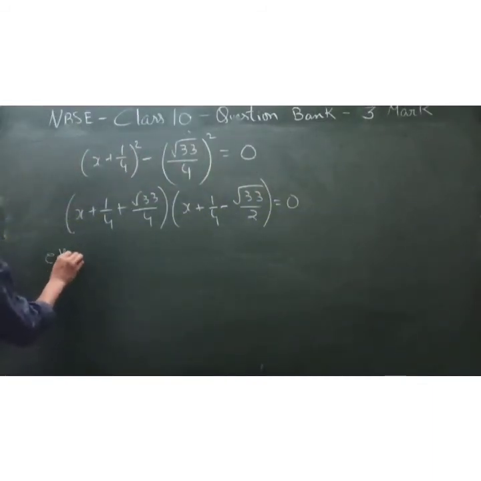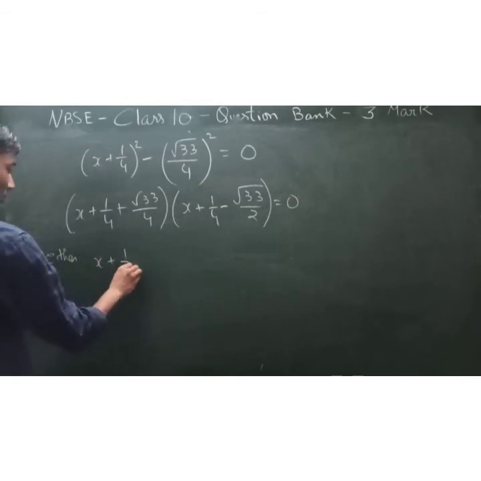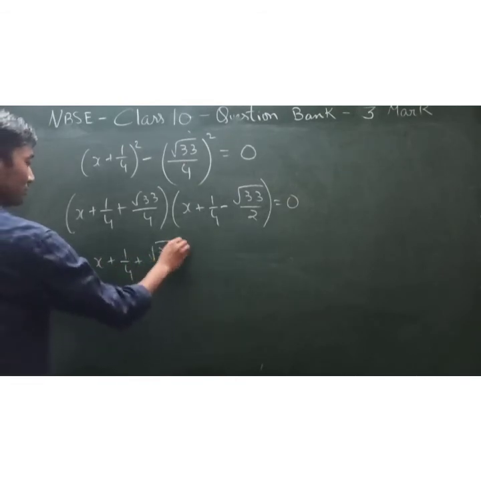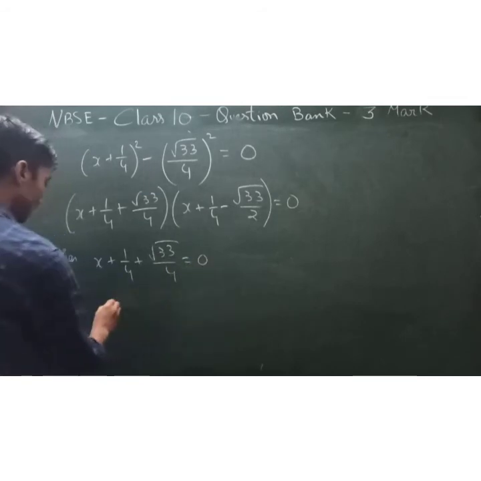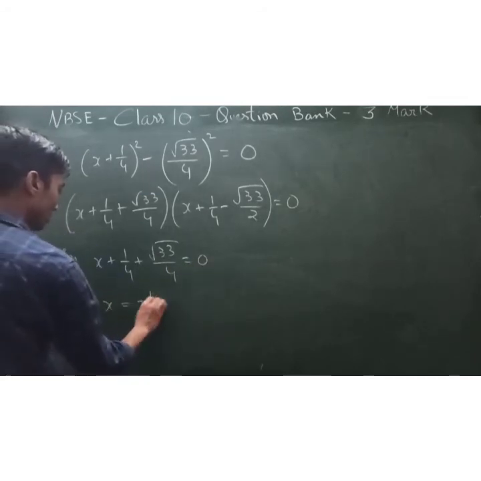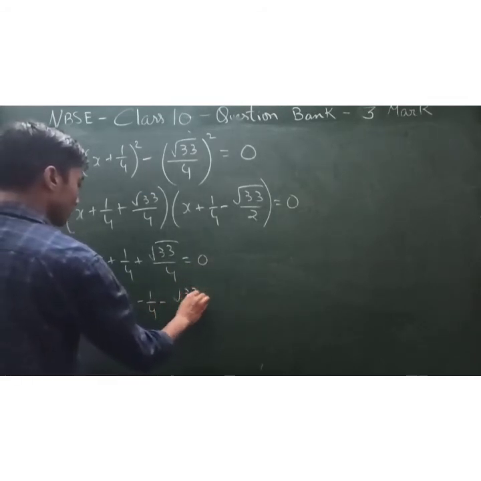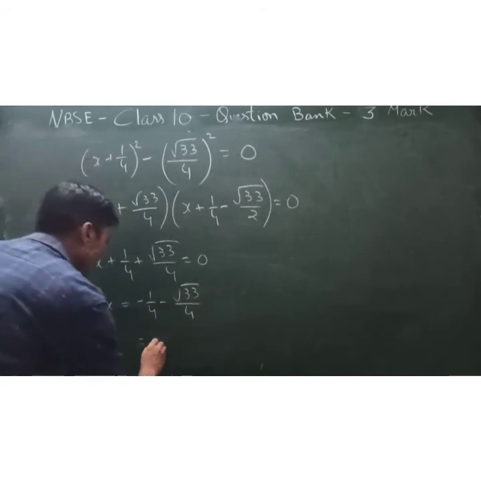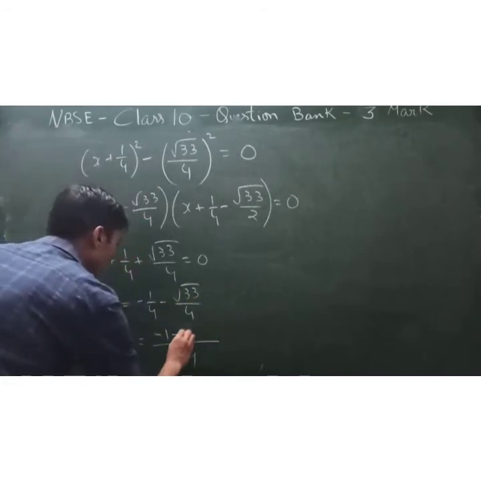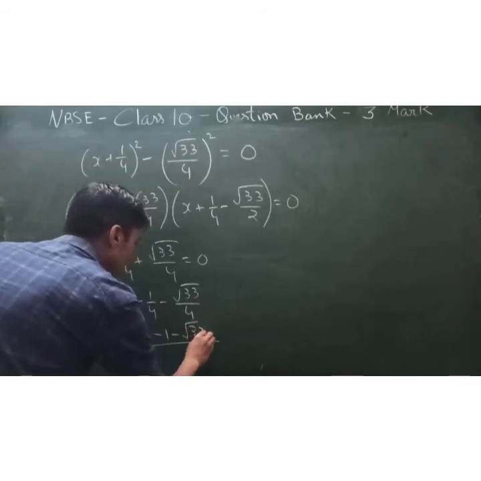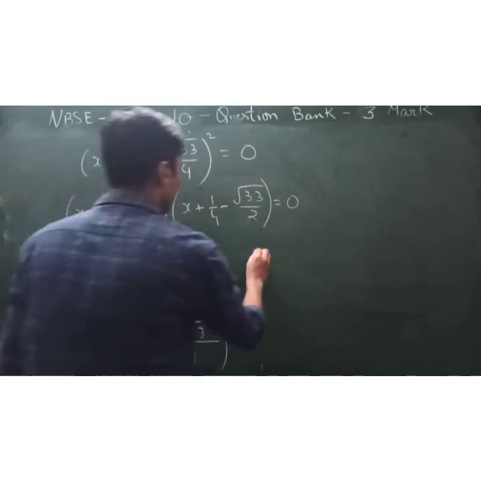So either x plus 1 by 4 plus root 33 by 4 is equal to 0. So that's x equal to minus 1 by 4 minus root 33 by 4. So taking the common LCM 4, minus 1 minus root 33 by 4. So this is 1 root.